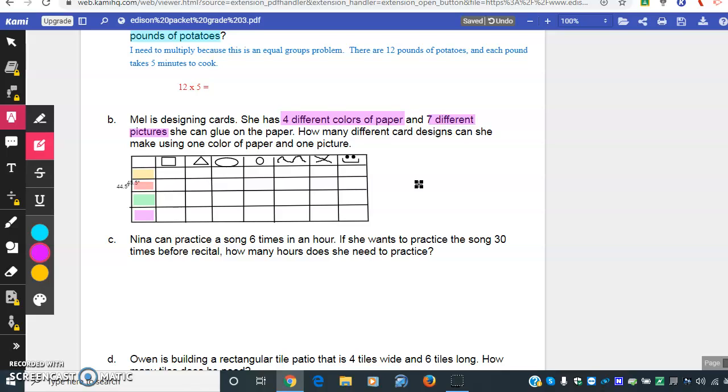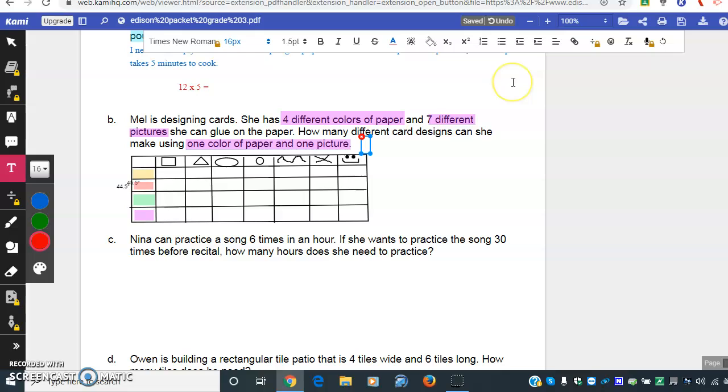Well, I'm going to show you, using this table down here, why we're not adding for this problem. Yes, I know that the story says 4 different colors and 7 pictures, but believe it or not, there is a hidden each in here, and it's in the question. How many different card designs can she make using 1 color of paper and 1 picture? Why is this a hidden each? Let me show you.